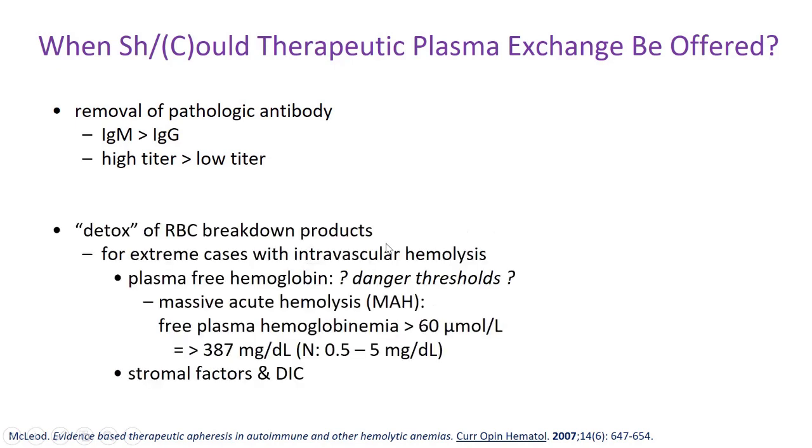You might also justify this as a form of detox, so to clear away those red cell breakdown products that may be elaborating at a high pitch and causing downstream harms. So at certain levels of high free plasma hemoglobin, you may have ATN and you may want to avert or mitigate that outcome. There may be stromal factors and drivers of DIC.